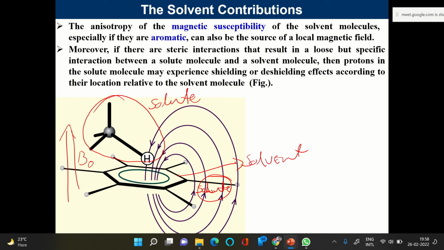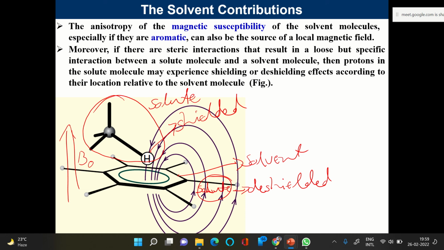At that time it will be de-shielded, and if it is here, it is shielded, and so the net magnetic field is reduced. You can see where the arrows are pointing.